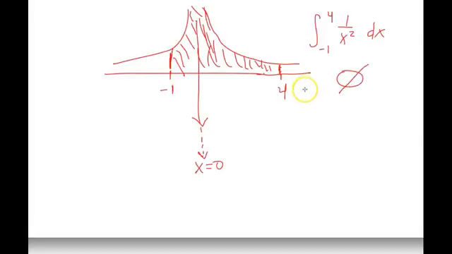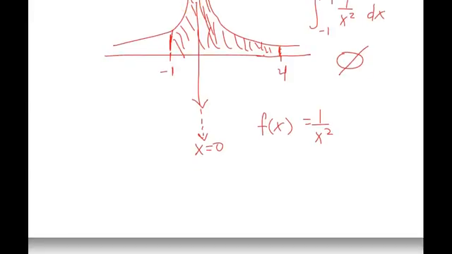And the reason that there is no answer for that is because our function, which is 1 over x squared, is not continuous from negative 1 to 4. Okay? So since the function is not continuous from negative 1 to 4, there's no way that we can really compute what the area of this function is from that. So we've basically violated the fundamental theorem of calculus.